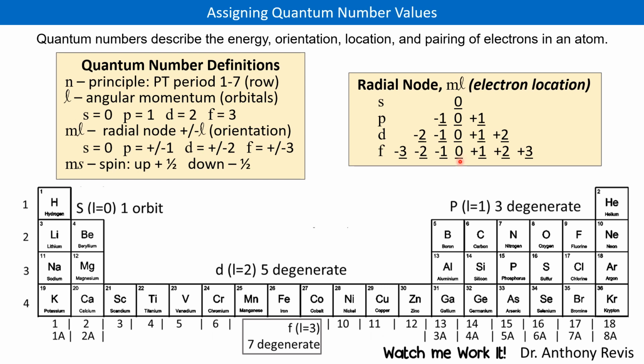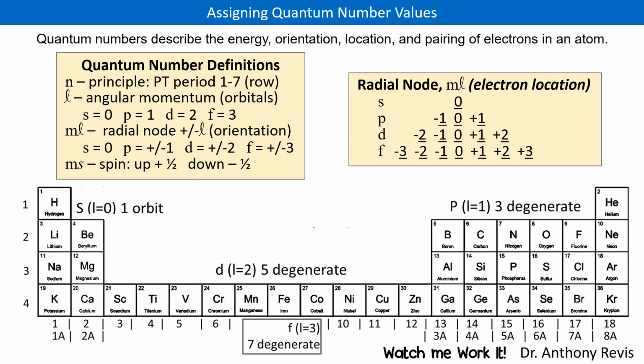For the F, we have our 0 position where electrons can reside, and then we have a minus 1, minus 2, minus 3 where electrons can reside. Then we have plus 1, plus 2, and plus 3 where electrons can reside. So essentially, these electron locations are residents, if you will, or locations where the electrons can reside.